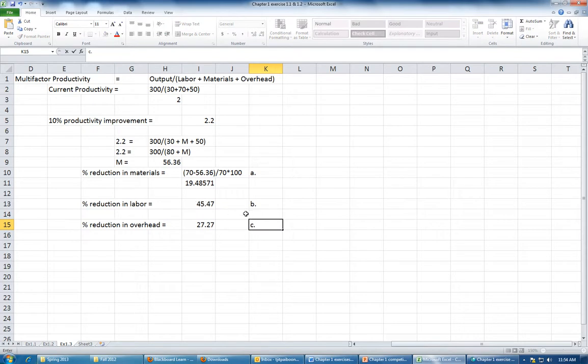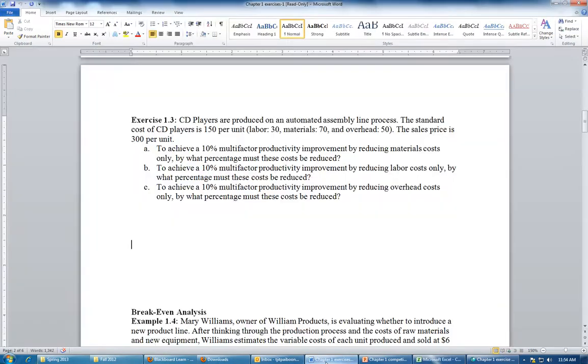I encourage students to do so. Now we finish exercise 1.3.